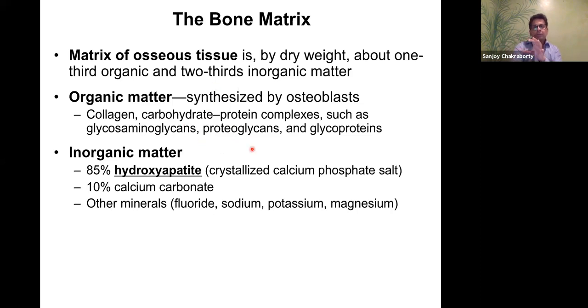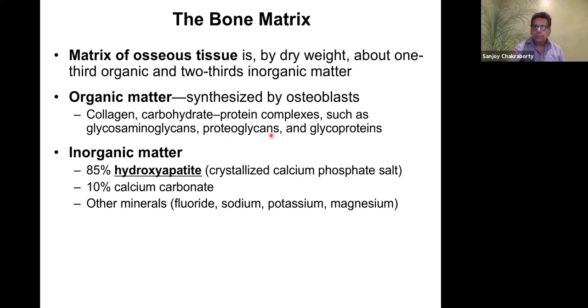So the proteins are denatured and the flexibility of the bone is taken away. Next time you try barbecued chicken or any other meat, you will see the bones become very brittle but extremely strong. You cannot bite them because their flexibility is gone. So that's the chemistry of the bone.